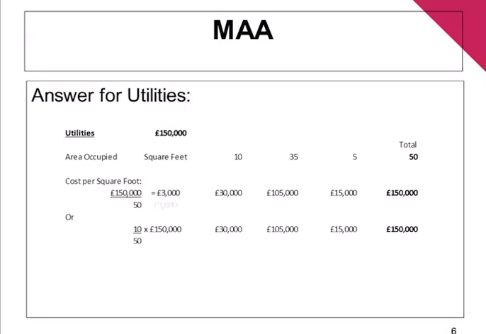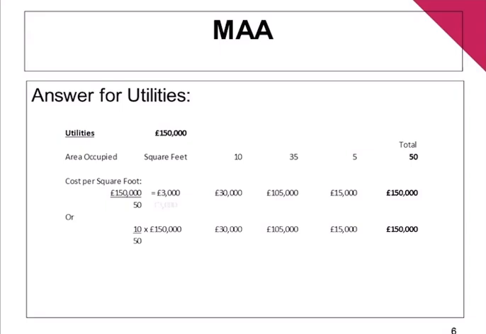Now, there is another way of doing it, and some students always pull me up on this. They would rather create a direct percentage. So what they do is they take the 10, they divide it by 50, and they times by 150,000, so that you get the same result. So likewise, you would take the 35, you would divide it by 50, and you would times it by the 150,000.